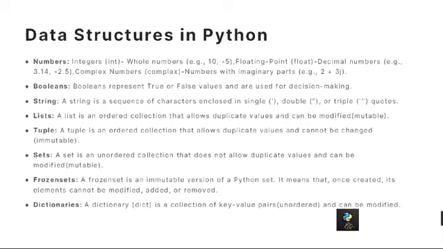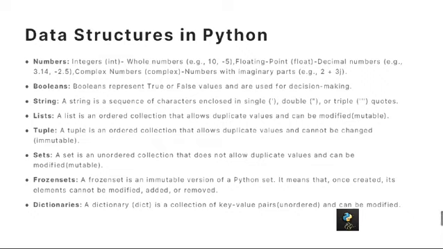Boolean represents true or false values, meaning true is equal to 1 and false is equal to 0. String is a sequence of characters which are enclosed in single quotes, double quotes or triple quotes. Now, Python has 4 most important and mostly used data types: list, tuple, sets and dictionaries.